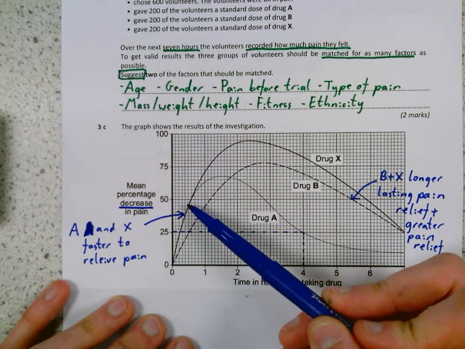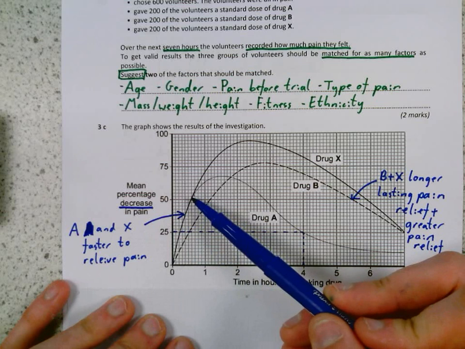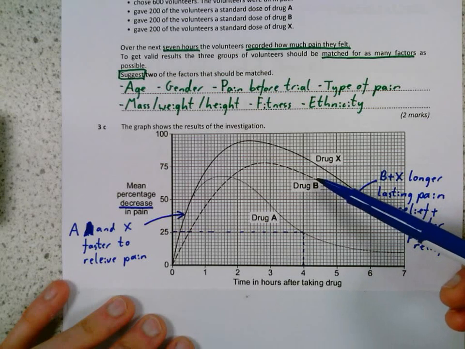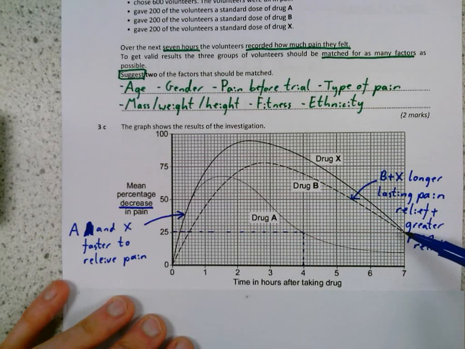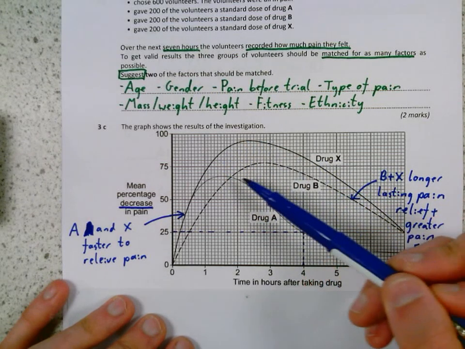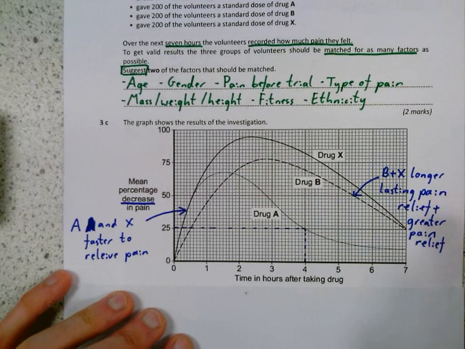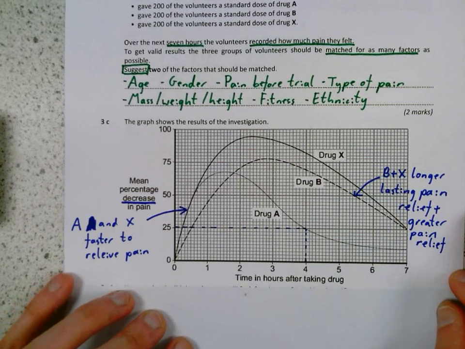They're working much quicker, relieving more pain in a short period of time. But drug B and drug X are much longer lasting pain relief. You can see that line is staying higher up for longer, and they give greater pain relief overall as well. The peak amount of pain relief they give is much higher than it is for drug A. So those are just some initial thoughts I noted down when I saw this graph.